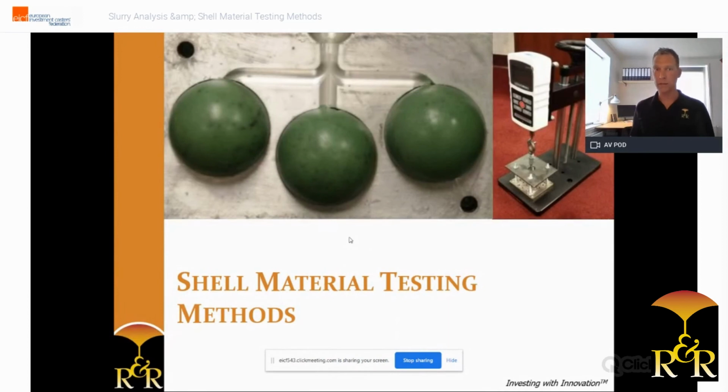So now we're going to talk a bit shortly about shell material test methods, because there are many reasons for a foundry to consider testing its shell characteristics. Common reasons are found, of course, in casting defects related to the primary layer, but more common nowadays is the desire to improve the backup slurry's performance. Think of issues with shell cracking, non-fill, bulging, but also the desire to improve production efficiency by reducing dry time or coats.